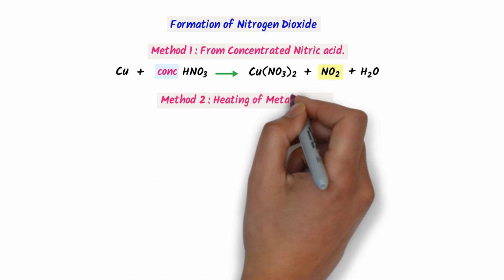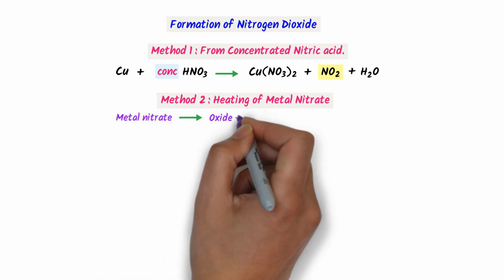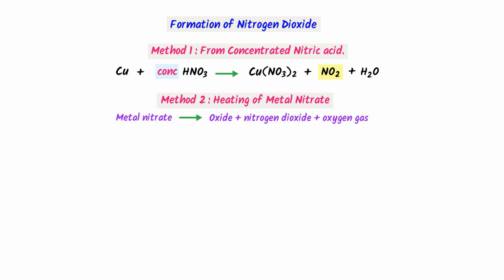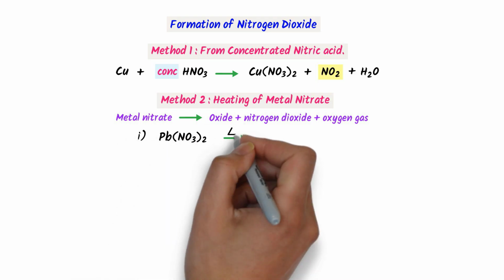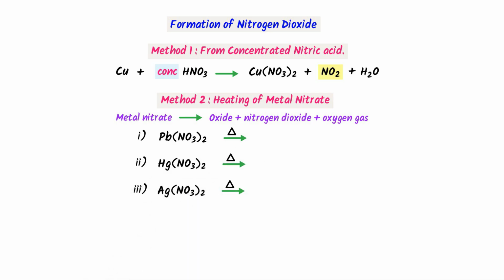The second method of formation of nitrogen dioxide gas is heating of heavy metal nitrate. The rule for these reactions is very simple. When heavy metal nitrates are heated, we get metal oxide plus nitrogen dioxide gas plus oxygen gas. Let's consider heating of heavy metal nitrate like lead nitrate, mercury nitrate and silver nitrate.